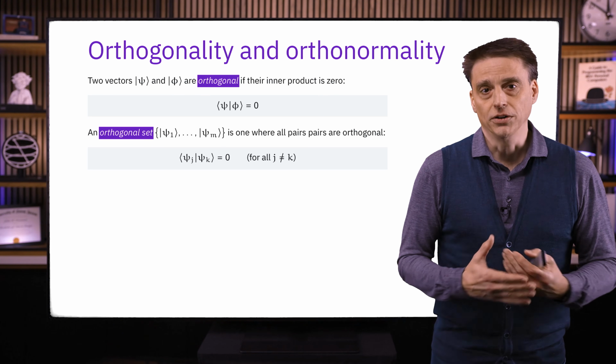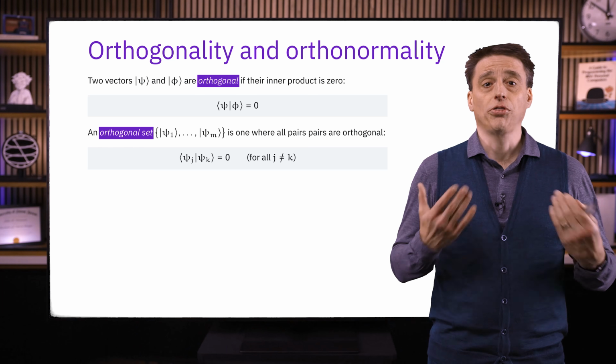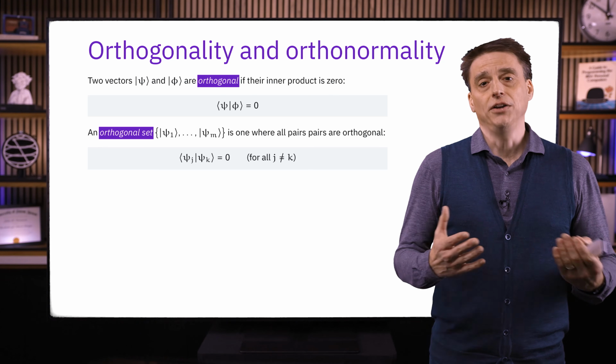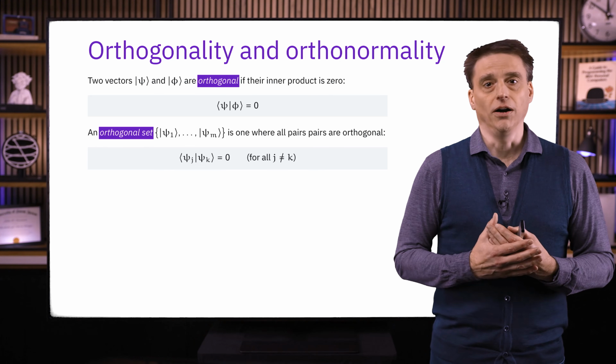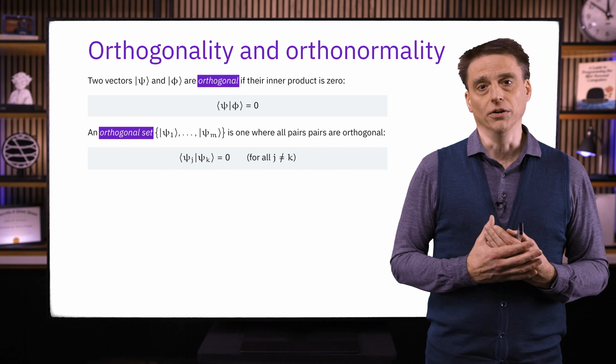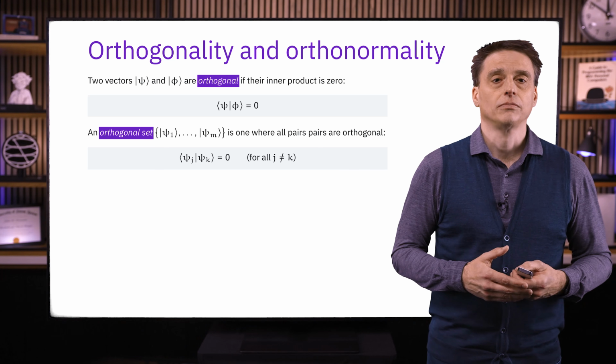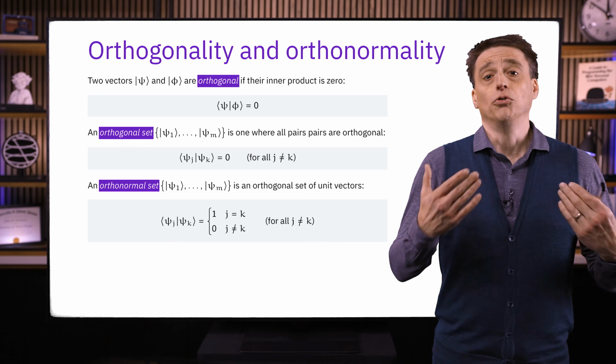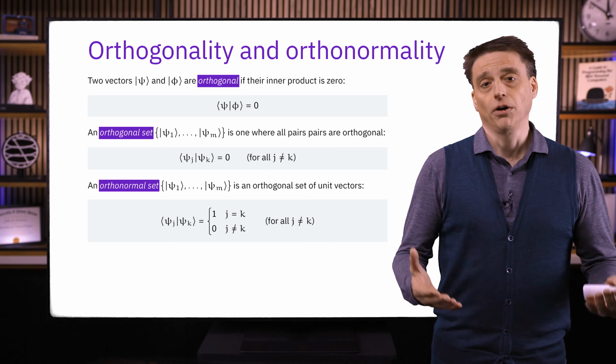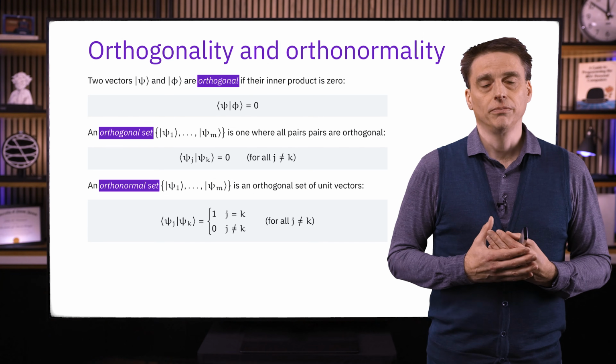If we have a set of vectors, we say that the set is an orthogonal set if any two distinct vectors chosen from that set are necessarily orthogonal to one another, which we can express as you see right here. An orthonormal set is simply an orthogonal set of unit vectors.